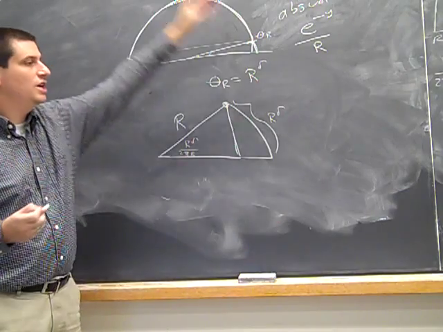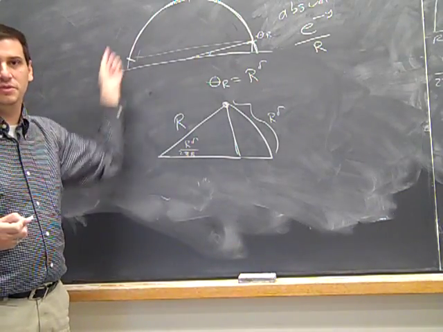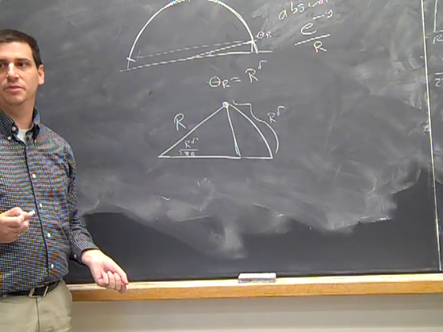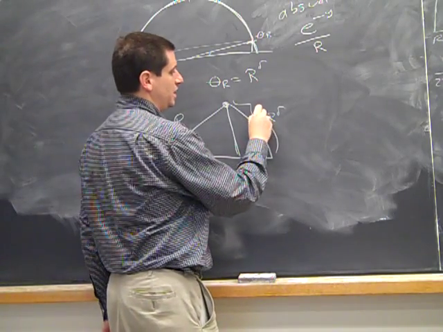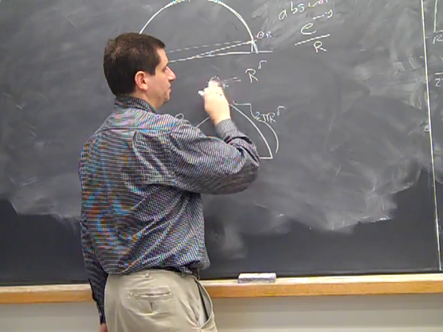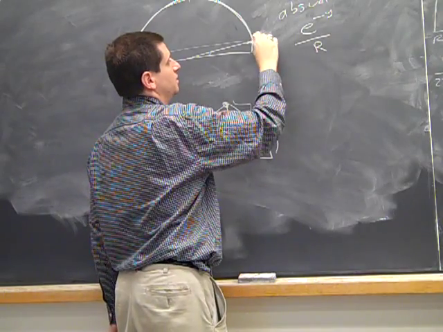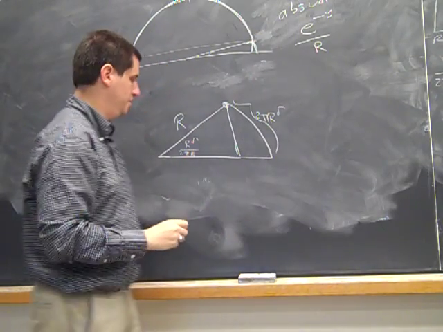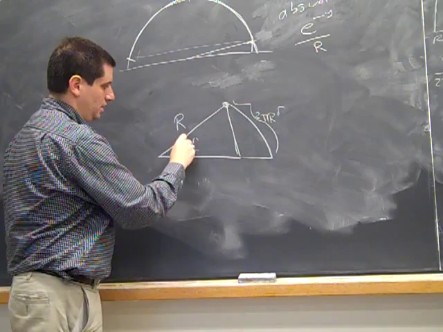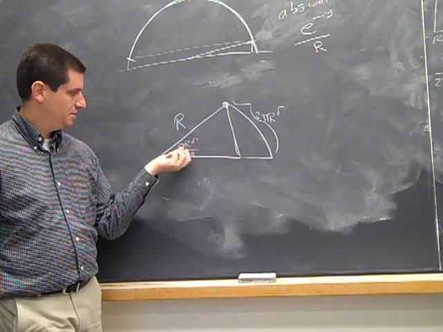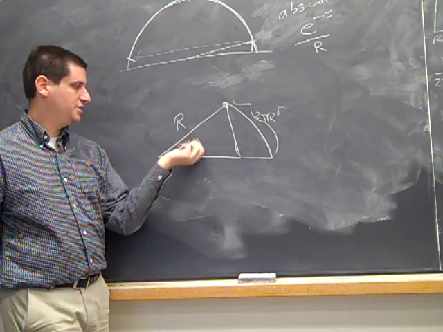The whole circle has angular measurement 2 pi r. That's the perimeter. So maybe it would actually be better to take 2 pi over here. So for this length, maybe I should take it as 2 pi r to the delta. And now if I do that, this angle here is r to the delta over r.